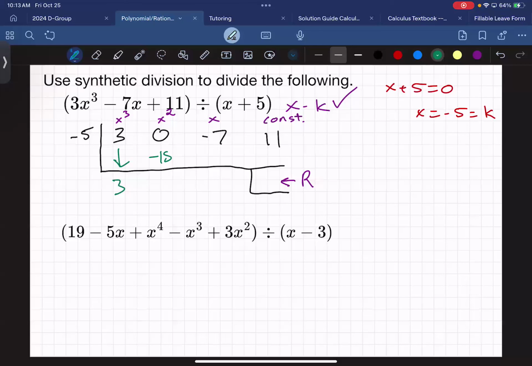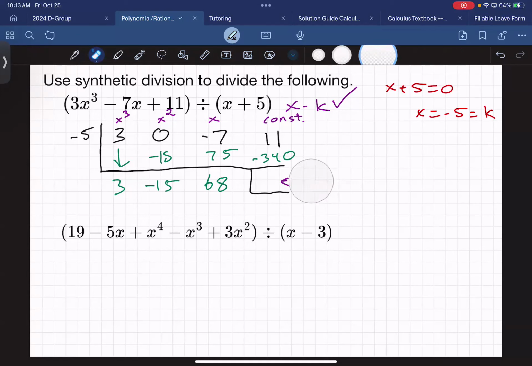What's that going to give us? -15 and then 75. That gives us what, 68? And then -340. Which is what, -329? Are we in agreement here?